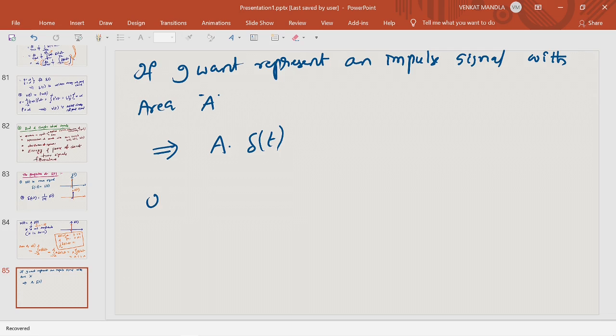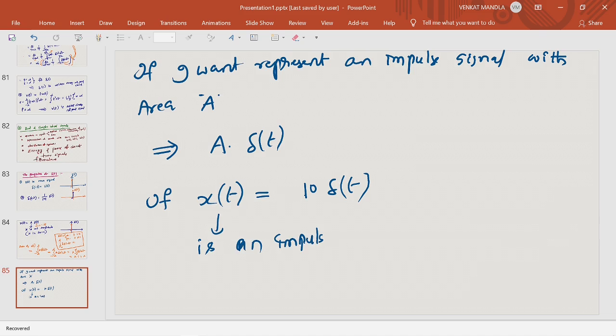Suppose x of t equal to 10 times del of t, which means this x of t is an impulse signal with area 10. If I represent it like this, these sentences are also important.